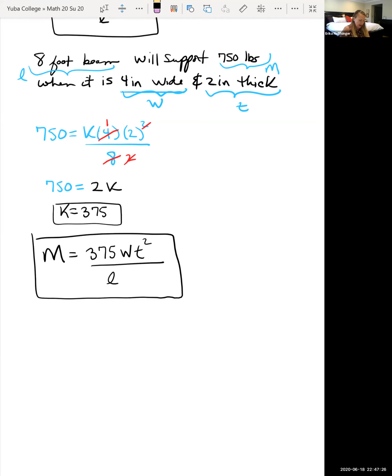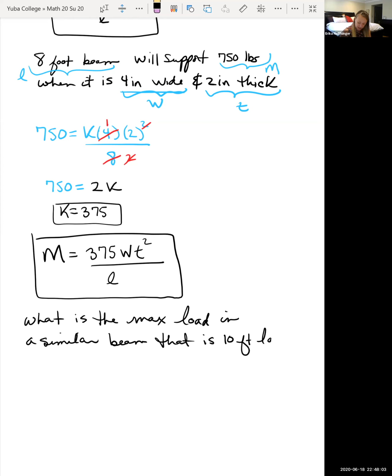And so now they're asking us, what is the maximum safe load in a similar beam that is 10 feet long, 6 inches wide and 2 inches thick.